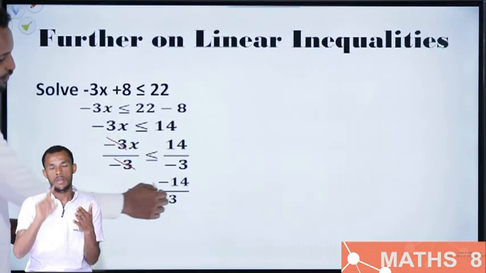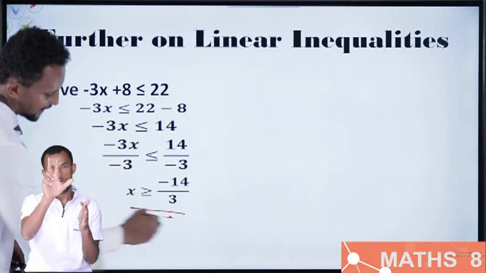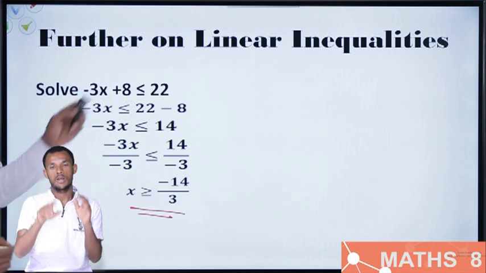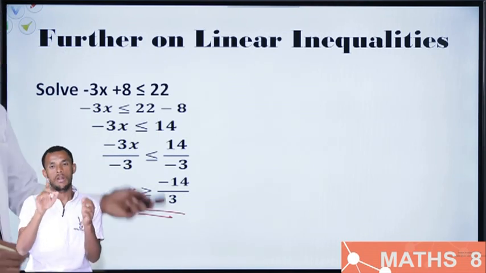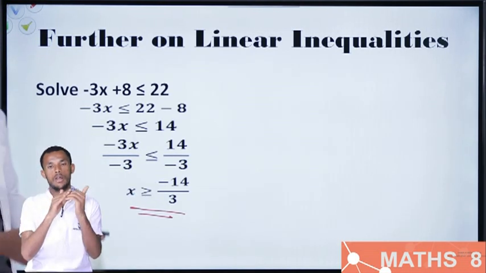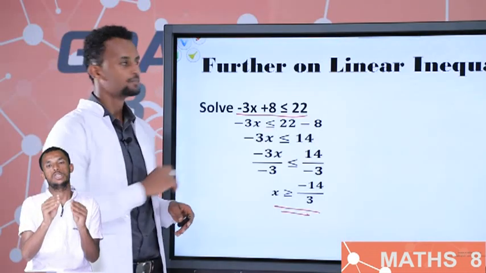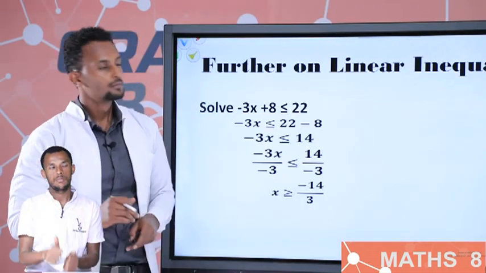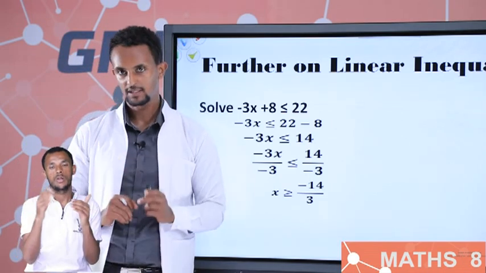Therefore x is greater than or equal to negative 14 over 3. This is the final solution of minus 3x plus 8 is less than or equal to 22. So a number which is greater than negative 14 over 3 is the true solution of this inequality. Now this is all about equality and inequality.